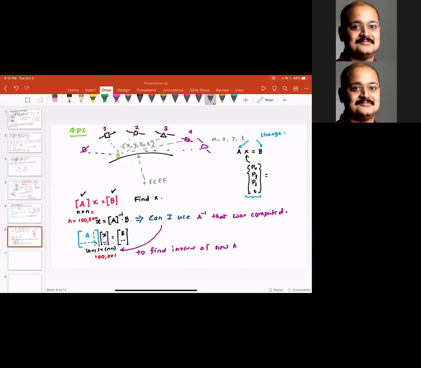So what has happened with the new addition of information is that the A matrix got changed, and the changed A matrix is similar to the previous matrix, except there is one additional row and one additional column. And that problem is actually defined in terms of a very interesting result called the Sherman-Morrison-Woodbury formula.